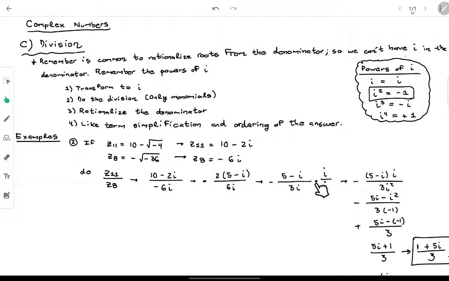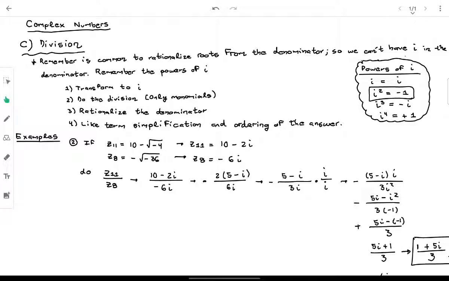So in this case, 3i, to have i squared, needs to multiply by i. But if I multiply the denominator, I also multiply the numerator by i. In that way, it will be i squared on the bottom, and we will be able to eliminate the i's from the denominator.